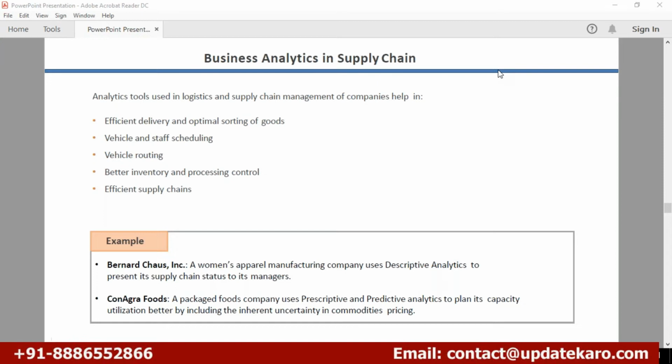You see here, efficient delivery, optimal sorting of goods, vehicle and staff scheduling, vehicle routing, better inventory and processing control, efficient supply chains. So what is better inventory?